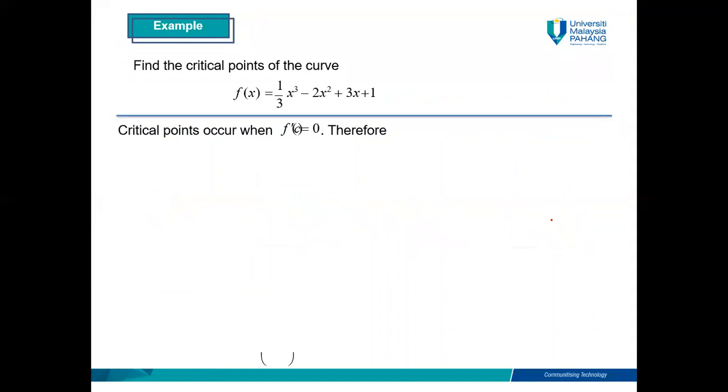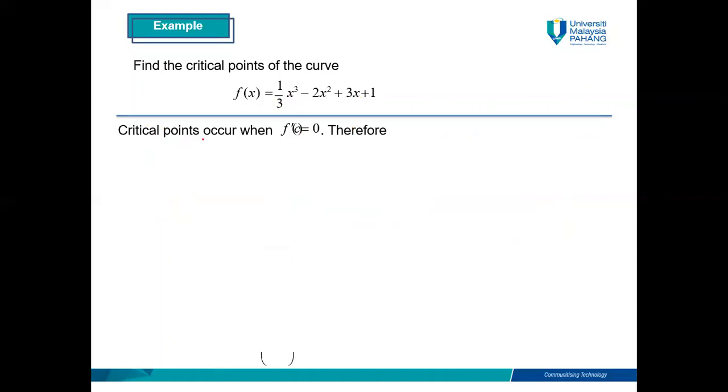Find the critical points of the curve f(x) is equal to 1/3 x cubed minus 2x squared plus 3x plus 1. Bear in mind that I said critical points only occur when f prime c is equal to 0.